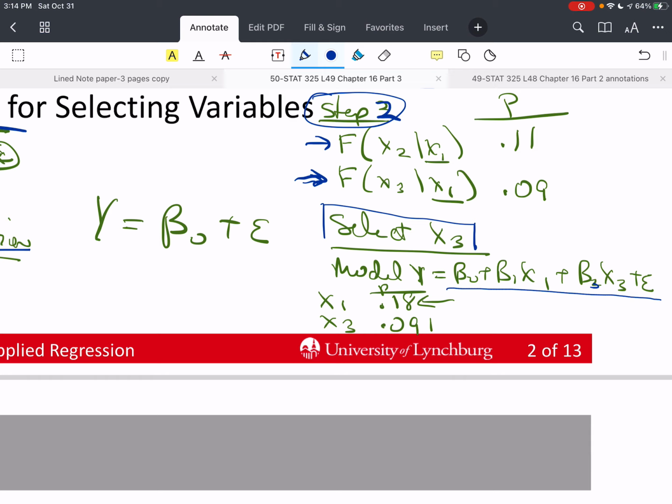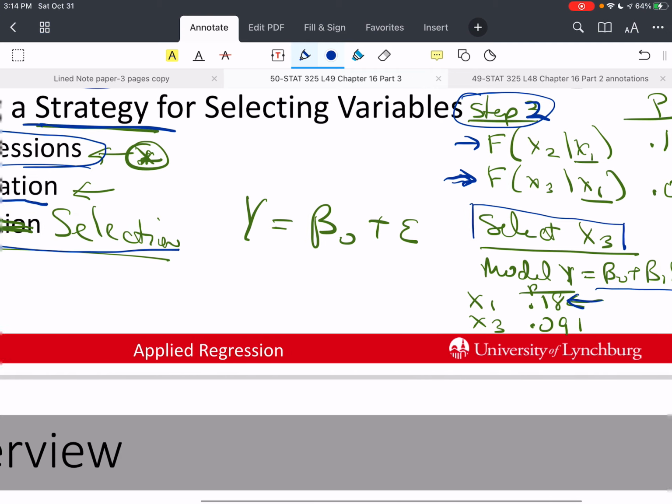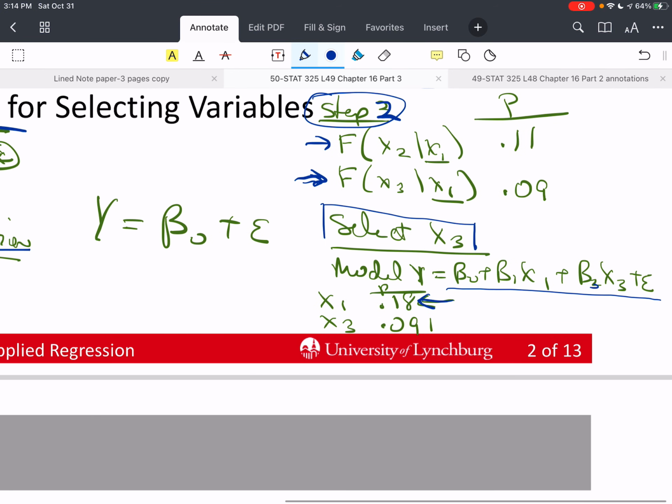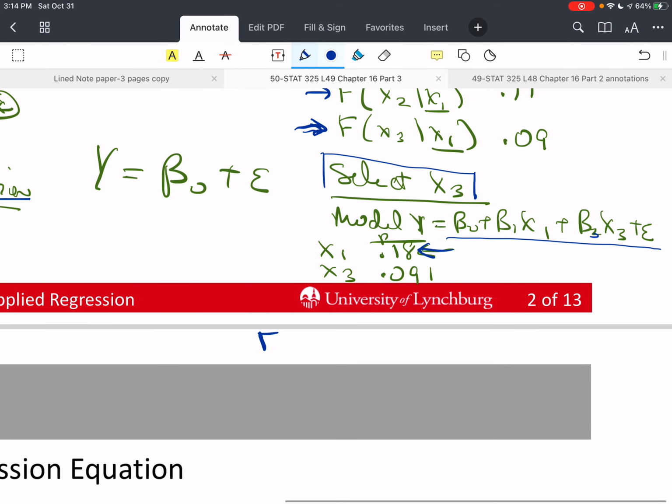And let's say we look at the model, and now we see that once we added x3 to the model, the p-value for x1 has increased to 0.18, above our threshold. Well, it doesn't matter with forward selection. We're going to keep it in there. And then we'll look to see if we should select x2. So we would calculate F of x2 given x1 and x3.